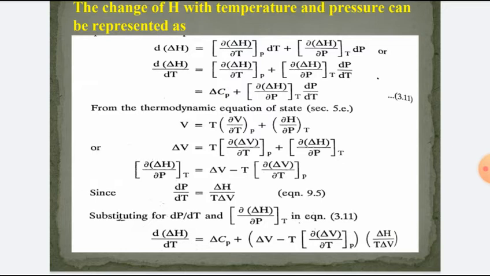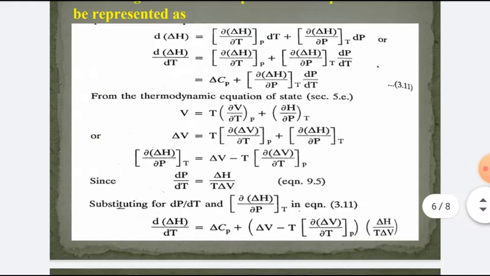Since dP upon dT will be equal to del H upon T del V, substituting for dP upon dT and del H divided by del P at constant T in equation 3.11, finally we get this equation.